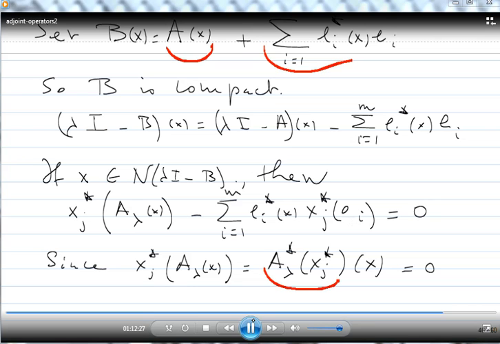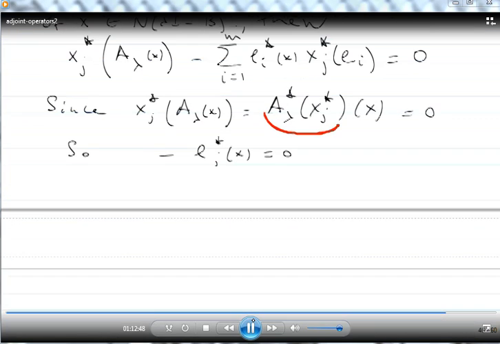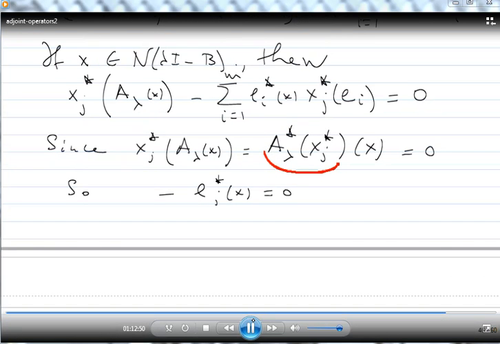Because I want to use the relationship between the xj star and the ei's, so this would apply. So minus ej star of x is equal to 0. In particular, this is true for any j, for any j from 1 to m.